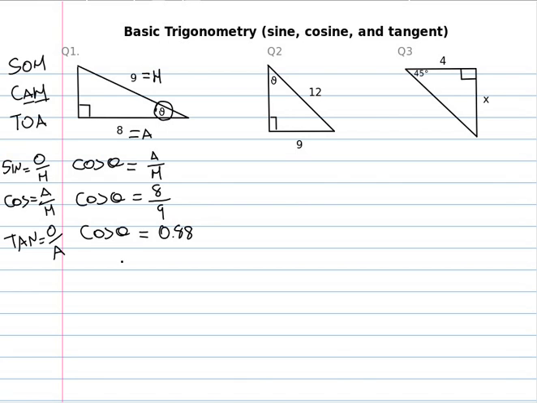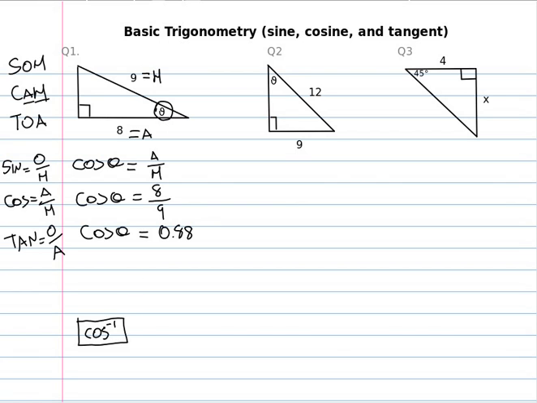Now, to get theta, we need to take the inverse cos, otherwise known as an arc cos or cos arc. This is typically found on your calculator, and the button will usually have the word cos and a -1. It does depend on your calculator. Some calculators you need to type the 0.88 in first, then the inverse cos.